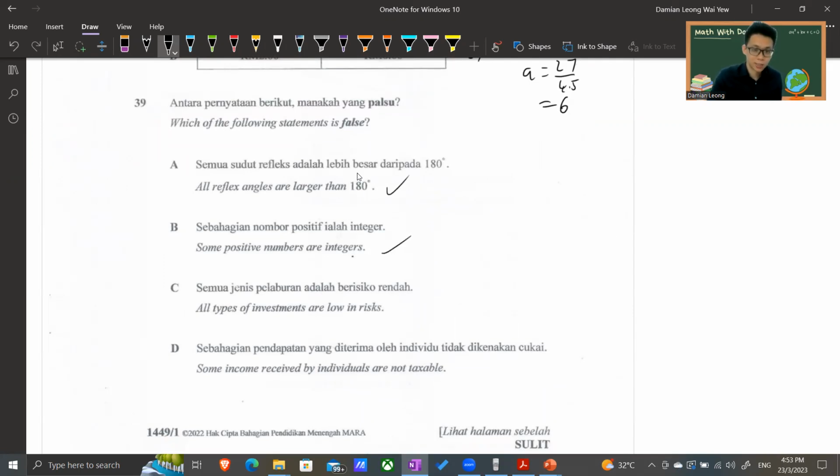All types of investments are low in risk. That is false. Some income received by individuals is not taxable. That is also true. So all types of investments are low in risk is definitely false. There are high risk, medium risk, and low risk investments. So answer C.